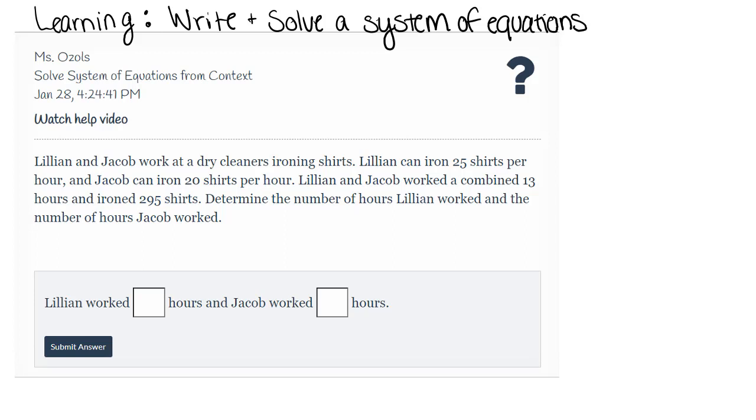The first thing we're going to do here is to define our variables x and y. The way I figure that out is these questions are always going to ask you to determine something or solve for something. That's what your variables are going to be. So in this case, it says determine the number of hours Lillian worked. So we can say x represents the number of hours Lillian worked.